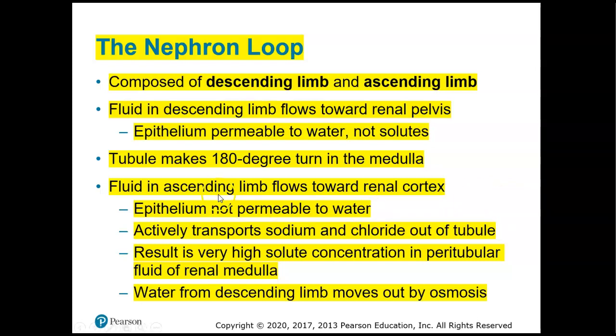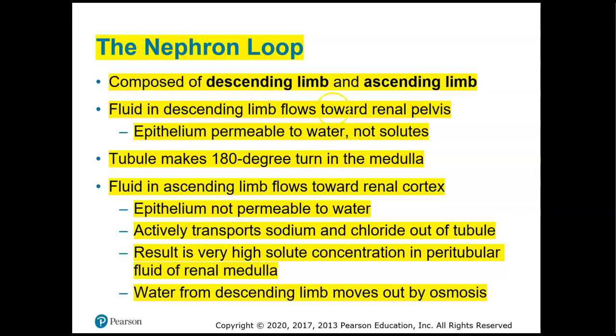Then in the ascending limb, the epithelial tissue that forms the ascending limb of the nephron loop is not permeable to water. So sodium and chloride are transported out of the tubule.